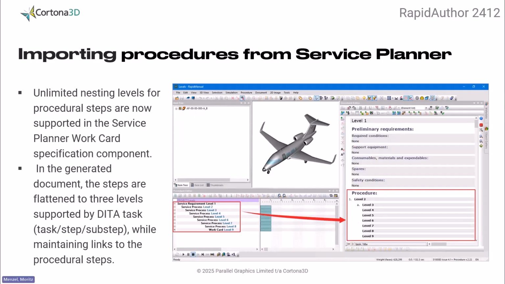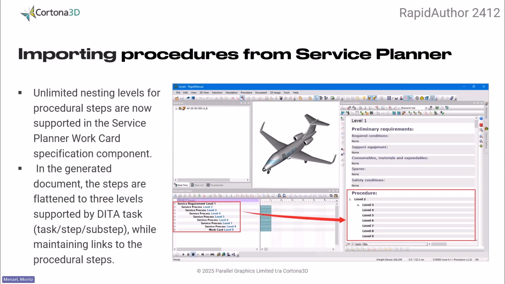The procedure editor now supports unlimited nesting levels of procedural steps when using the Service Planner work card specification component. This enables the process structure of the Teamcenter Service Planner to be mirrored in the Rapid Manual procedure.